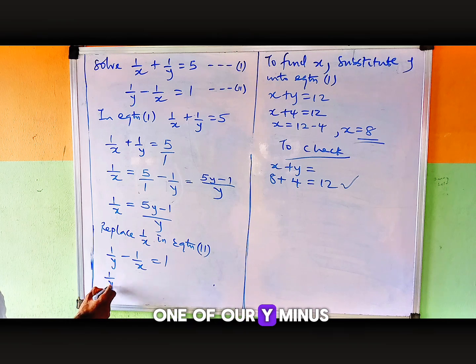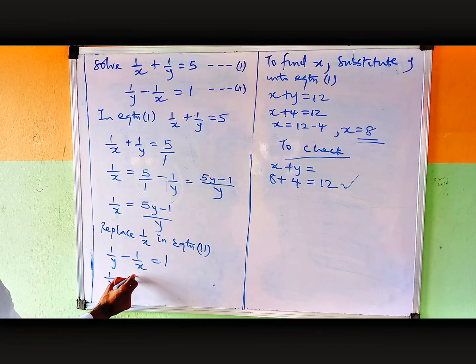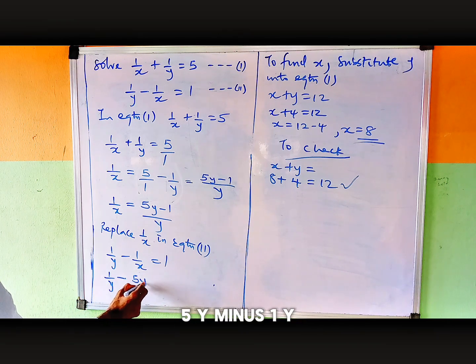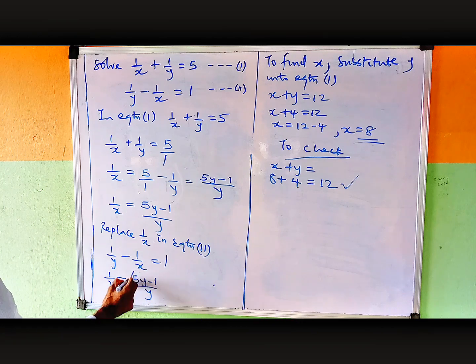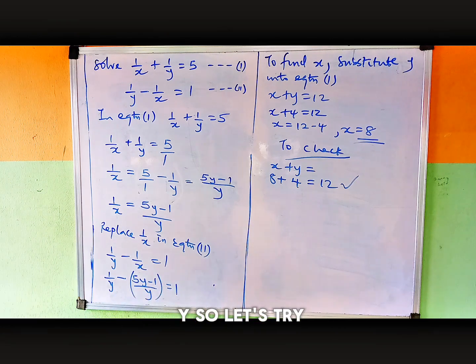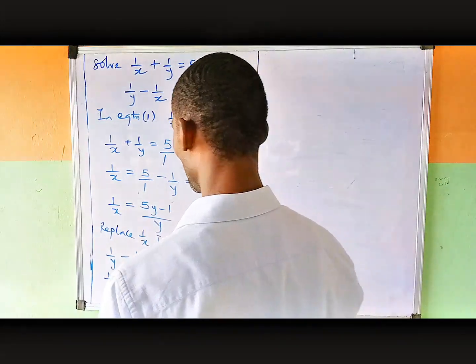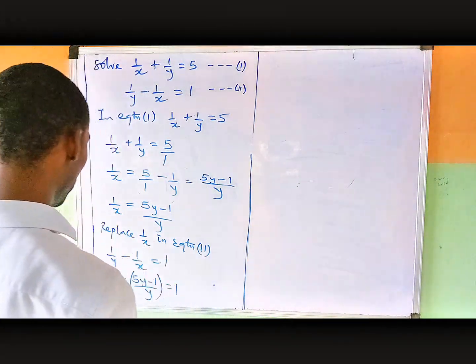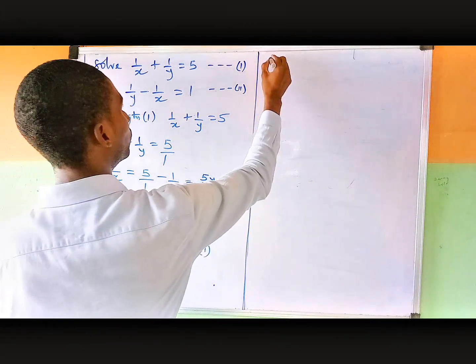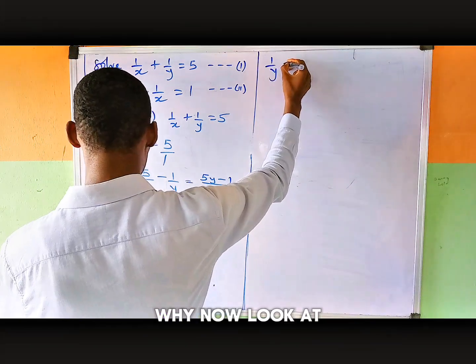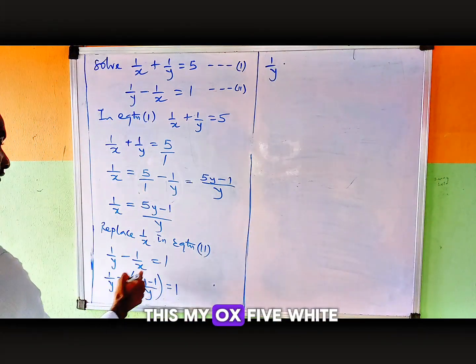So you have 1 over y minus the bracket (5y minus 1) over y, equal 1. So let's try to open up this bracket and see what it is. If you open this bracket up, we will have 1 over y. Now look at this, minus 5y.